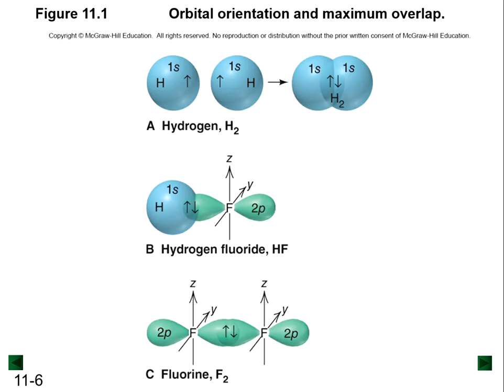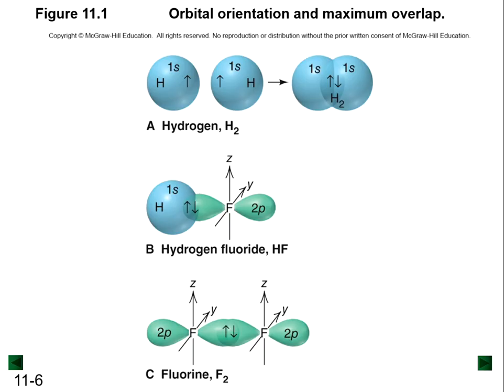Next, we have hydrogen fluoride. And this bond forms when the hydrogen 1s orbital overlaps with the half-filled fluorine 2p orbital. Remembering that fluorine's outer electron configuration is 2s2, 2p5, one of the p orbitals is half-filled.